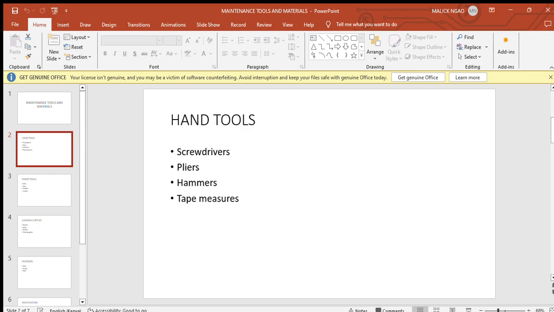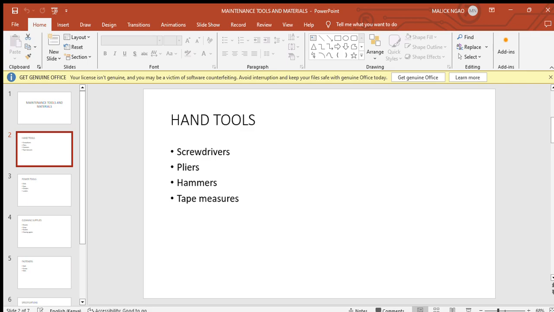Under maintenance tools and materials, we have the hand tools. Who can name one type of hand tool? Pliers.